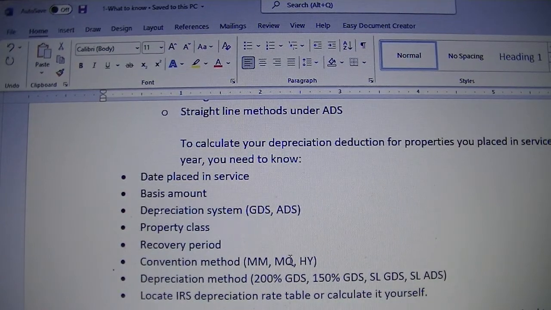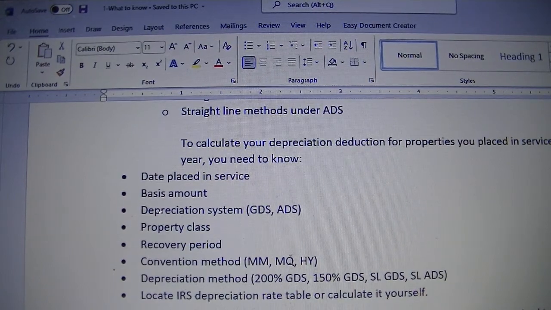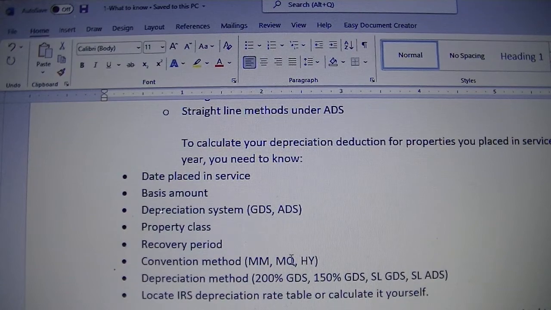So mid-quarter, you'll use it if 40% or more of your assets are placed in service, like the cost for depreciation is 40% or more of the total assets you place in service during that year.